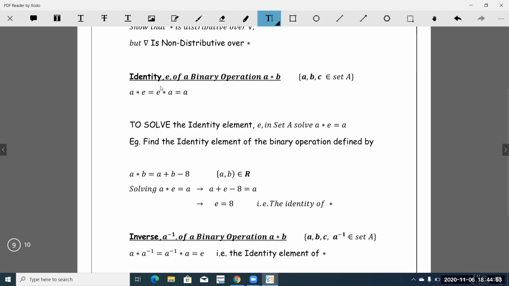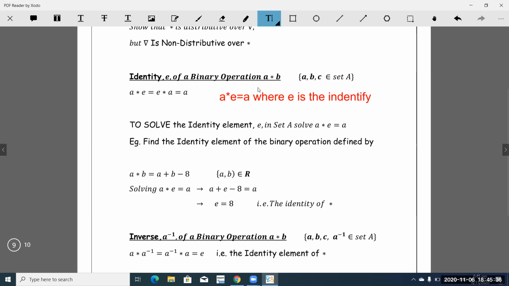In order to find the identity of any binary operation, we solve the equation A star E equal to A, where E is the identity.